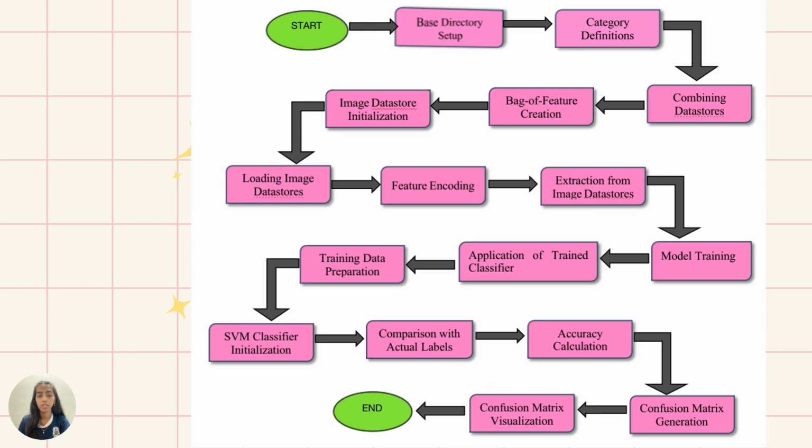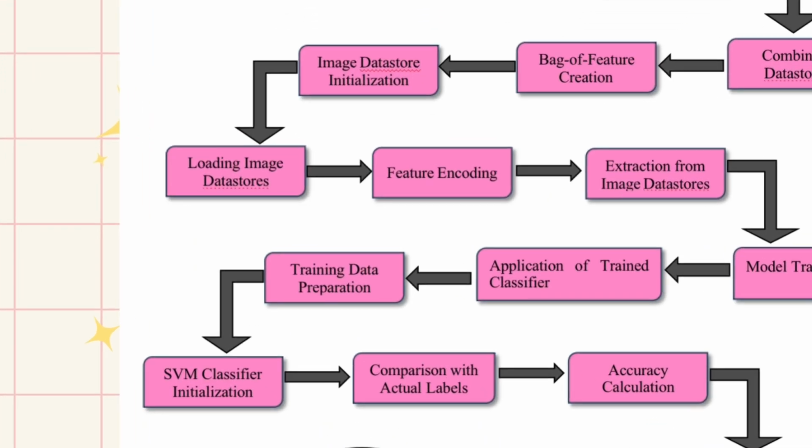The trained SVM classifier was used to make predictions on the test set, and these were compared with the actual labels to calculate the accuracy by measuring the percentage of correct predictions. With all this data, a confusion matrix was created to assess classifier performance.